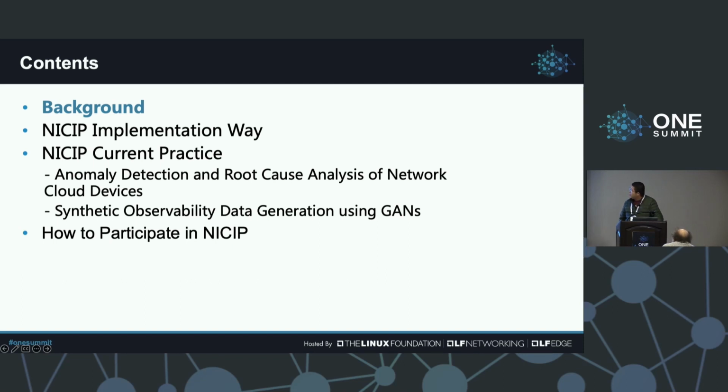One is anomaly detection and root cause analysis of network cloud devices, and Rao will take care of the other practice. We hope that through this topic sharing, we can build a better intelligent network ecosystem together and explore network scenarios and data empowered by network.